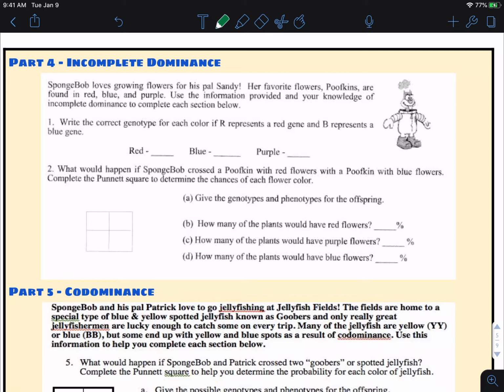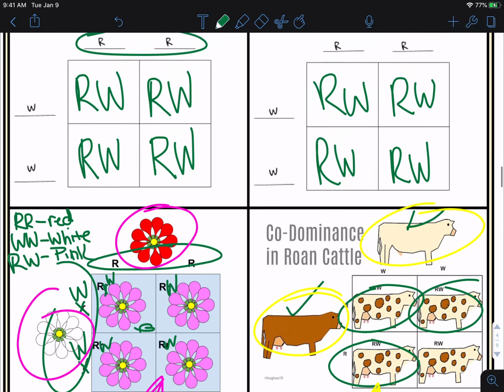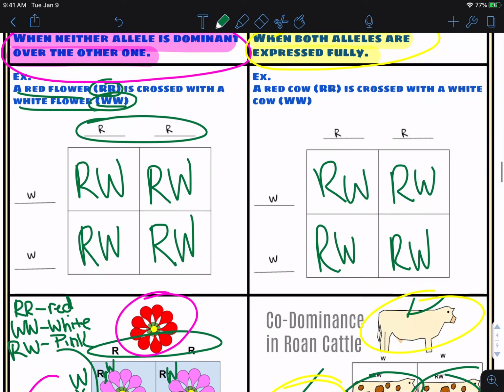Okay, so if we remember from what we saw up there, we're going to use all capital letters. Okay, so a red flower up here was represented by RR. A white flower was represented by WW.